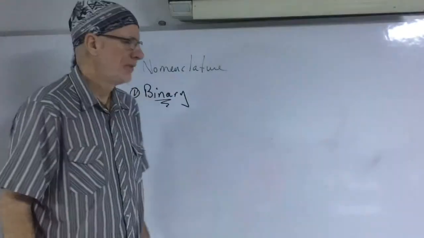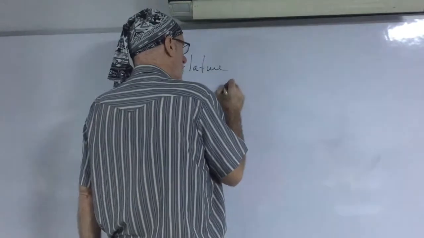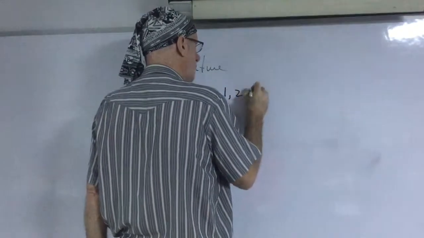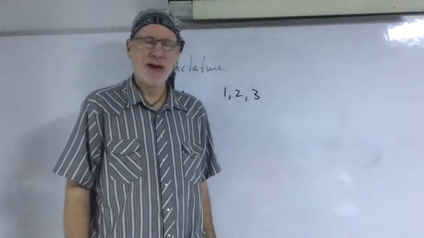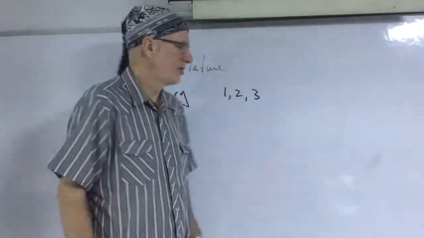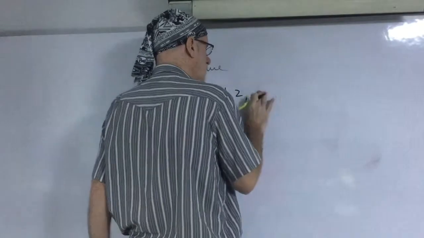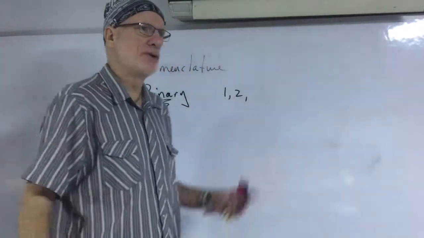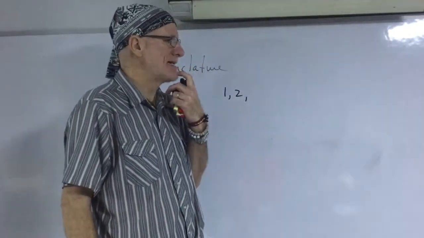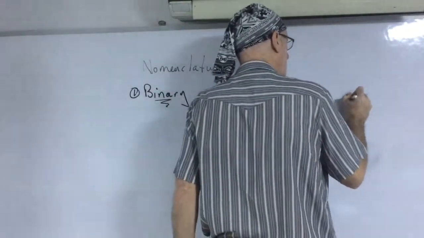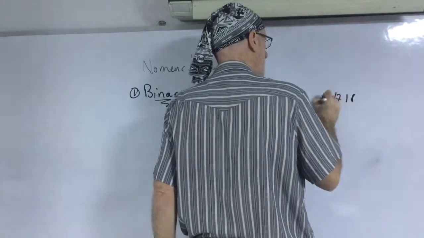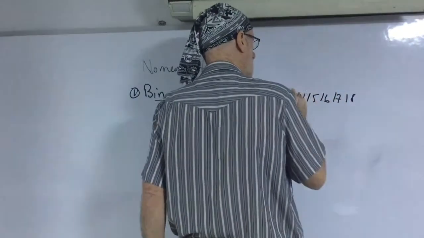Now, you'll notice that 1, 2, and 3 are basically all metals, correct? 1, 2, and 3 are all metals. But 1, 2, and, let's see, I have 18, 17, 16, 15, 14, 13.